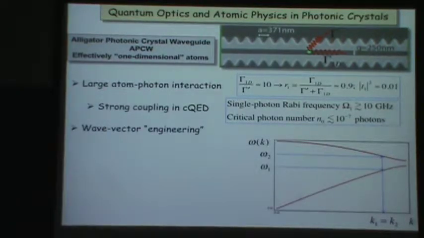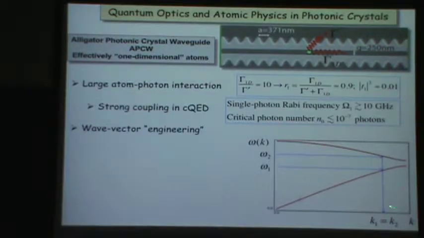The other thing that a quantum optics person wouldn't know, I didn't know, are the things that result from this. This is a dispersion relation, a band diagram. On this axis is the wave vector, the so-called projected wave vector for light propagating here, and on this axis is the frequency. So this is one band, this is the other band. They're folded over. All the information is in here.